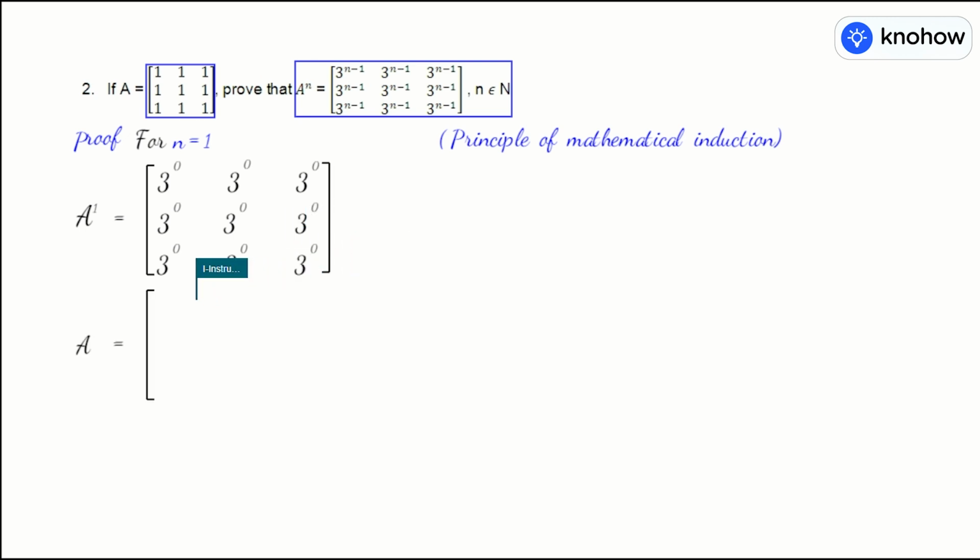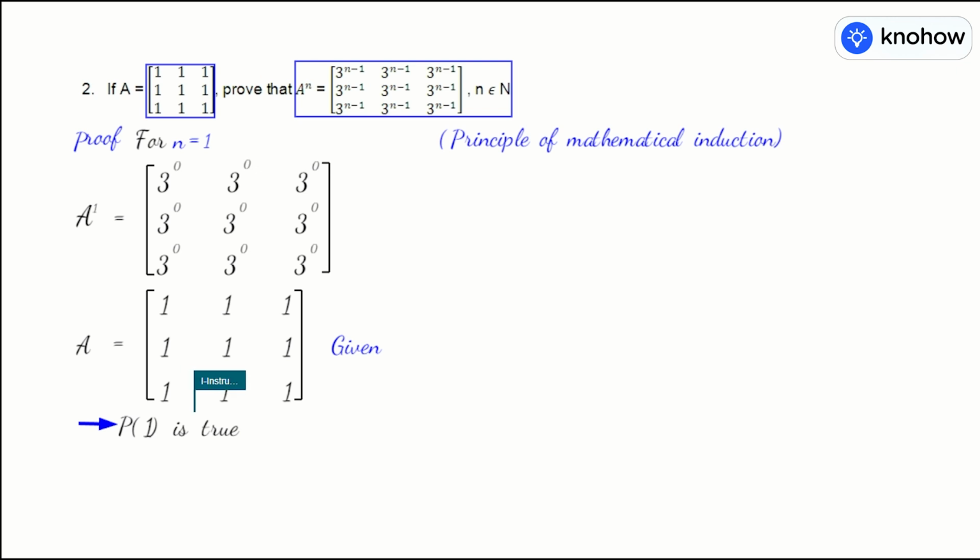On the left you have A equal to the matrix of all ones, which is true because it is already given that A is this squared matrix of order 3. So we conclude that P1 is true.